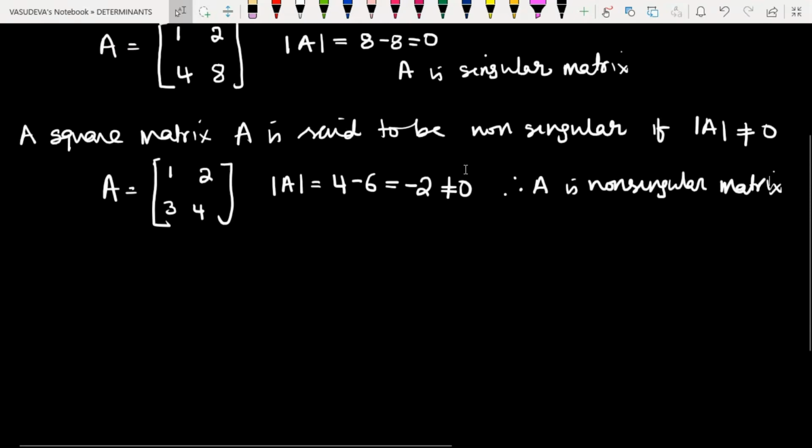Now based on this definition, we have certain results as a theorem.